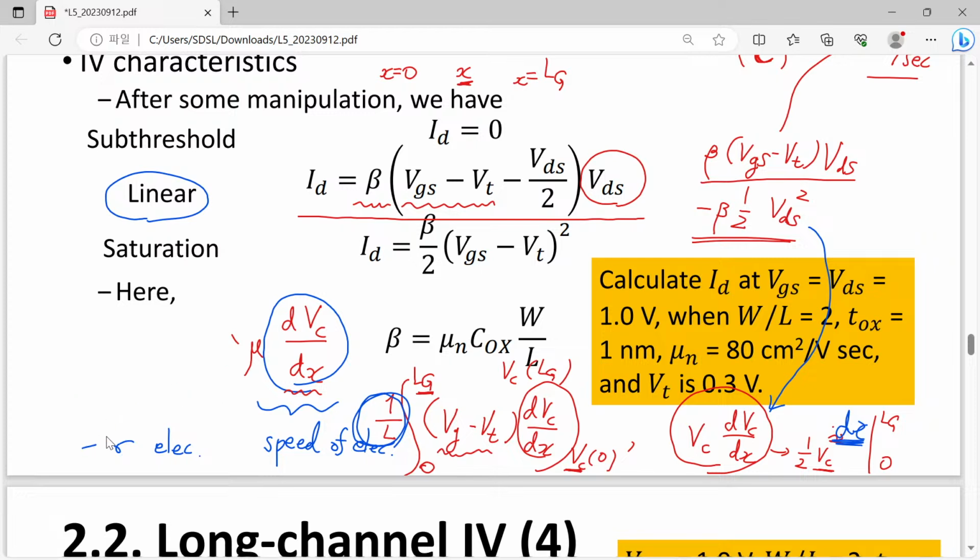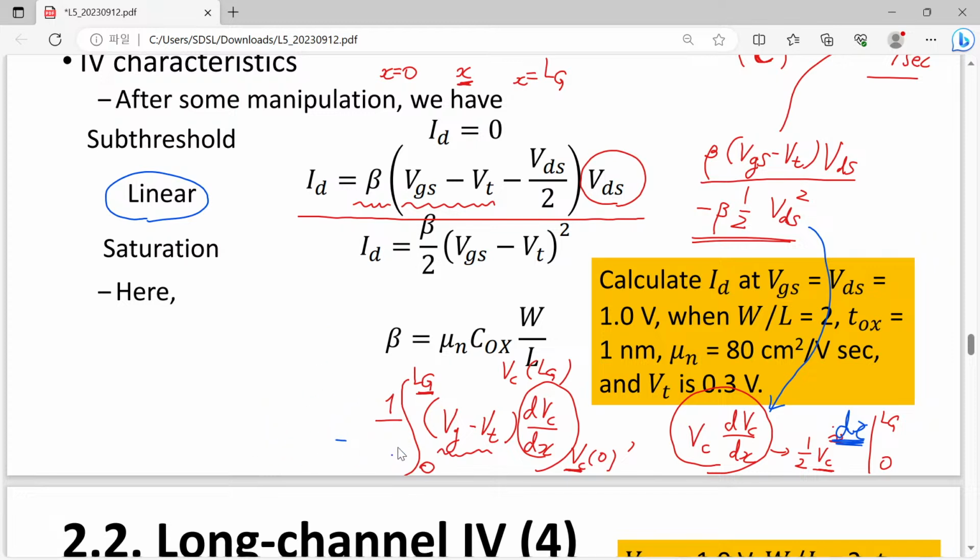Of course, some of you are not very happy with this kind of brief description of the derivation. If you are interested, please refer to our full discussion about our drain current expression.